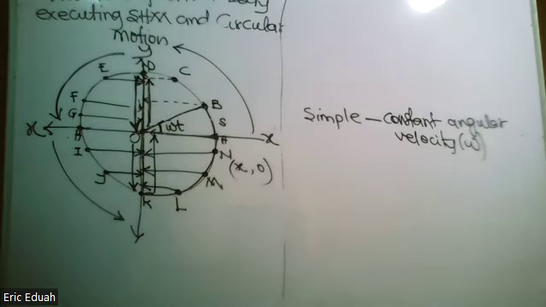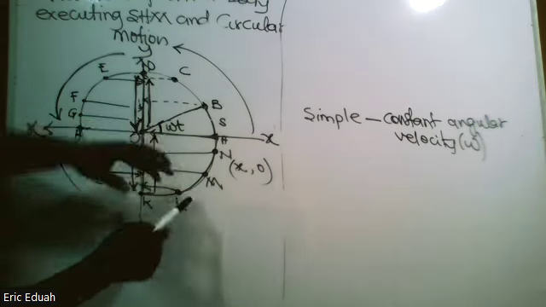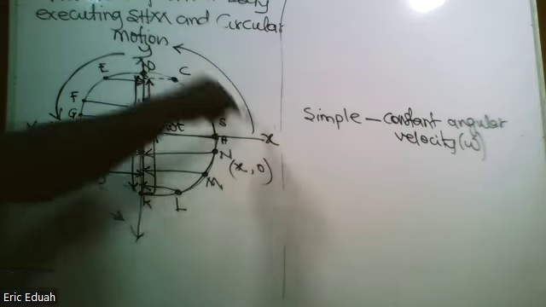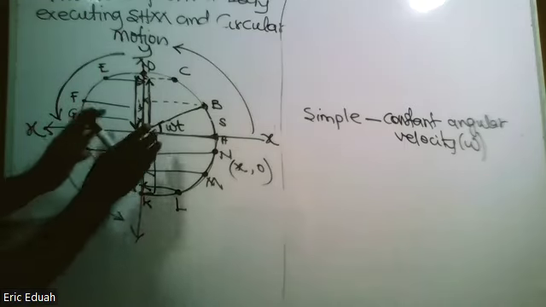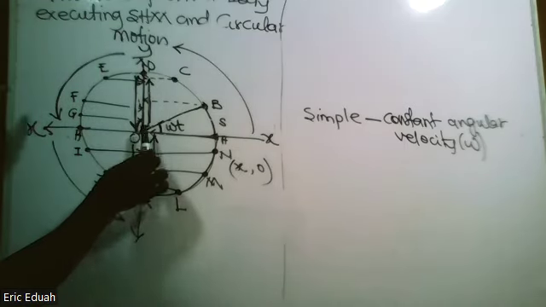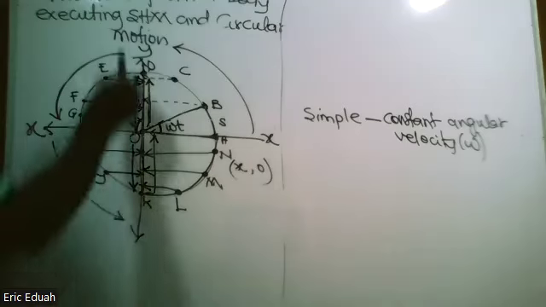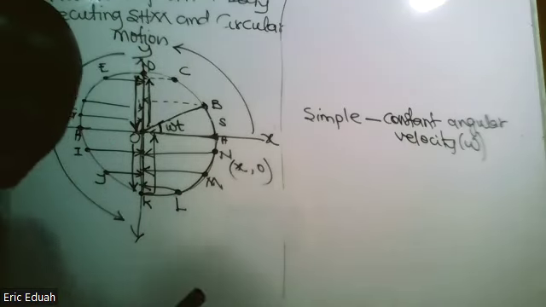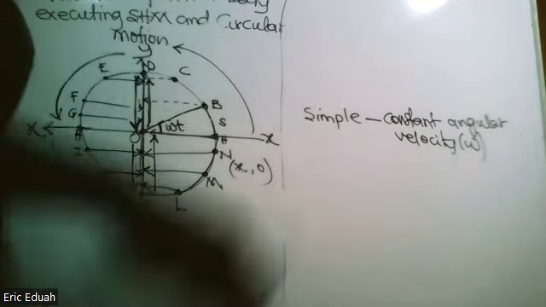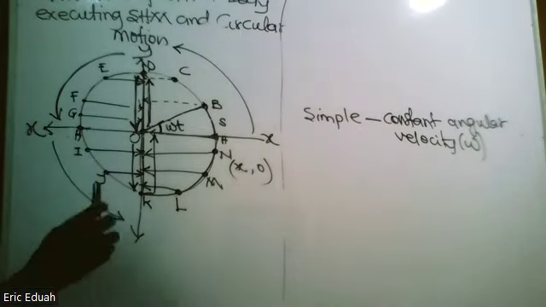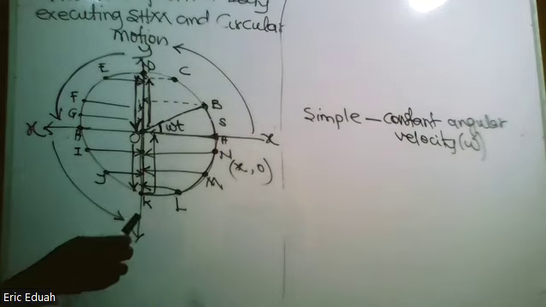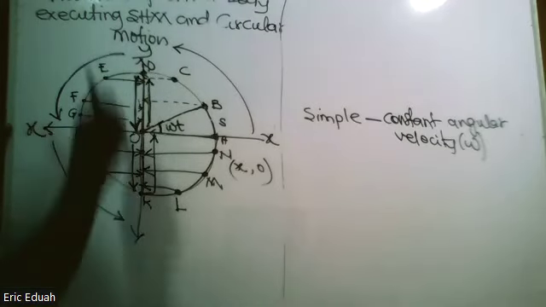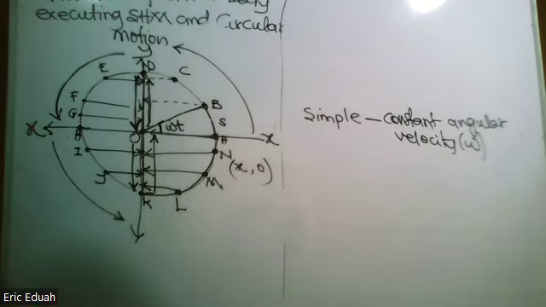So look at it. For one complete revolution of circular motion, its image along the Y, as it seems, goes up, comes down, goes up. So when the body is involved in continuous circular motion, the image along the Y seems to be going up and down like this.